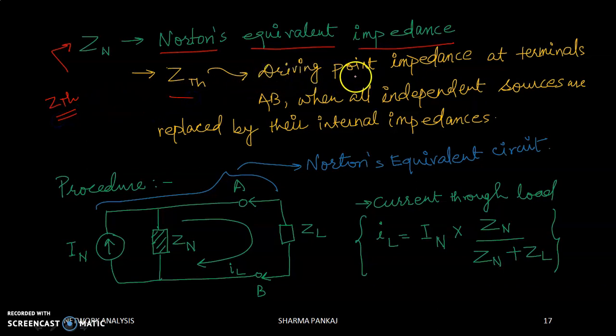ZTH is the driving point impedance at terminals AB when all the independent sources are replaced by their internal resistances or impedances.